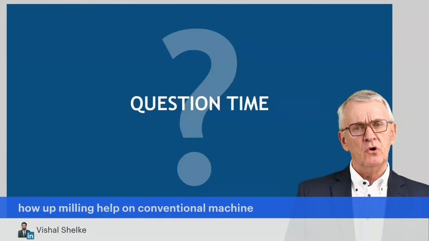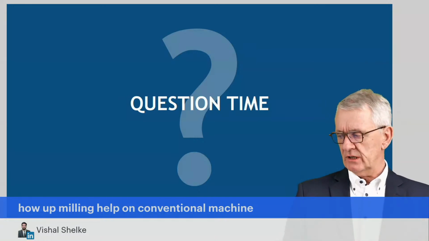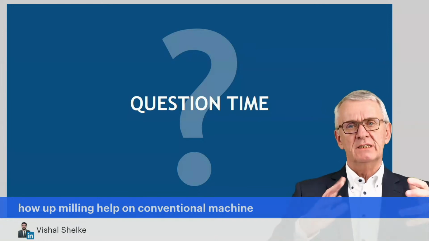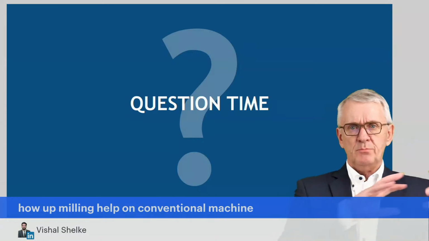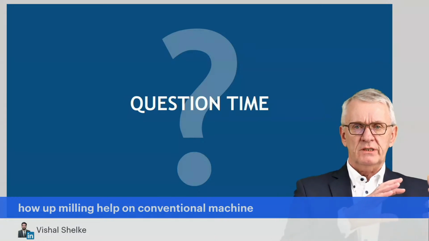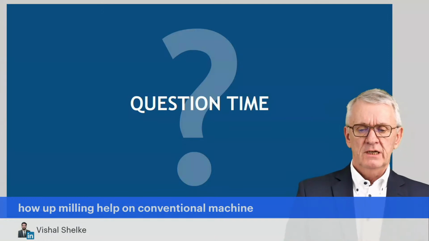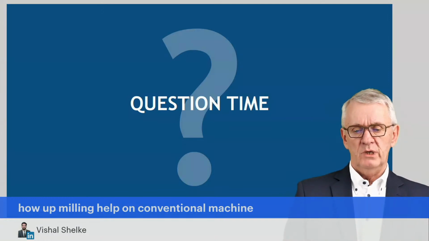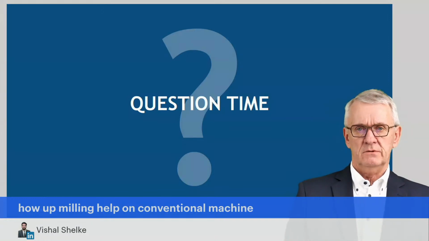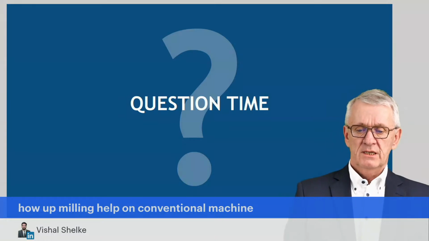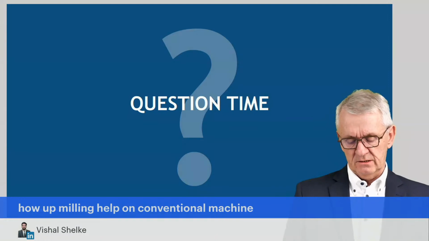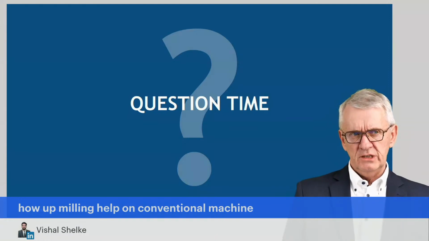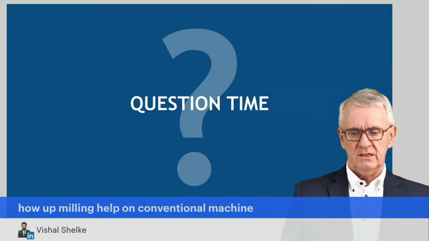And on the more modern conventional machines, there is a possibility to take up the backlash and put it in front, and then you can do up milling on a conventional machine without any problem. So it's not about whether the machine is conventional or not, it's about the question, can you move the machine tables without backlash? That is really the critical thing.